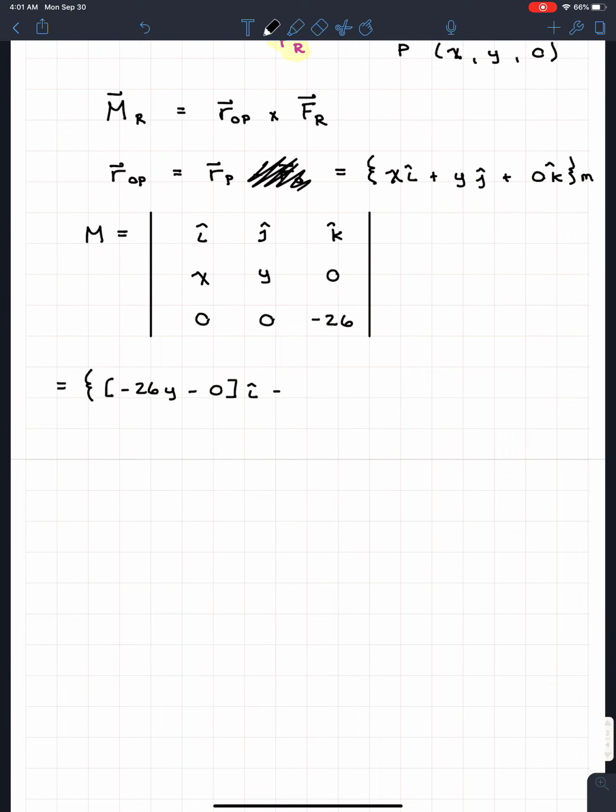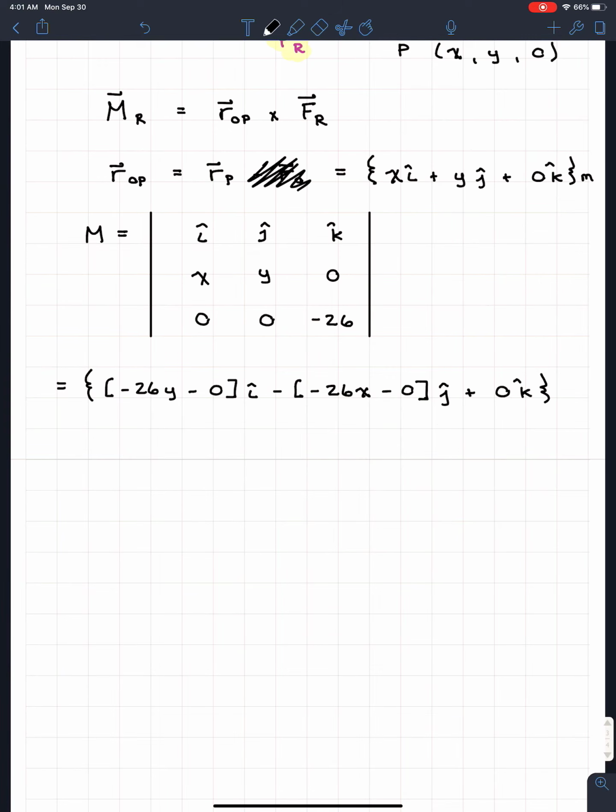And we're going to go minus. And looking at the j, we're going to get minus 26x minus 0 again. So this cross product should be really simple. A lot of stuff is 0, nice and easy. And for the k component, if we cross out the k column, i has a 0 and j has a 0, so we just know this is going to be 0k.